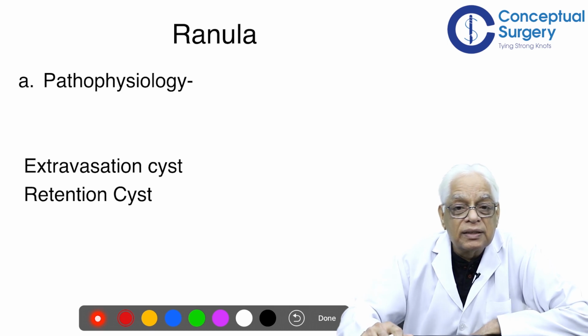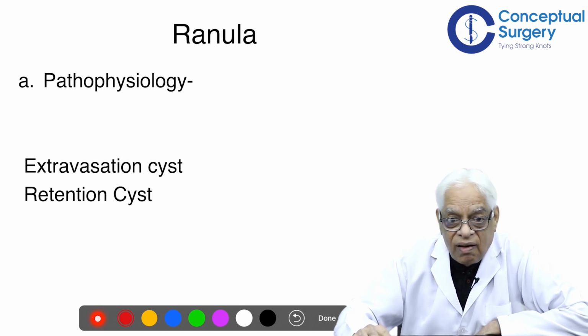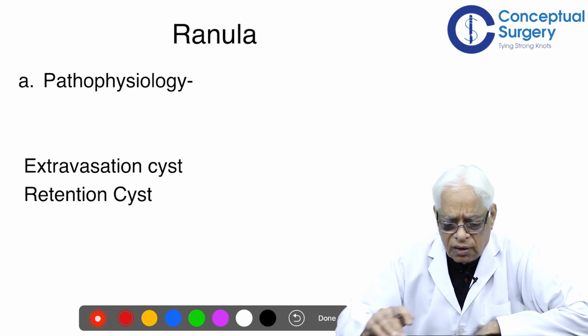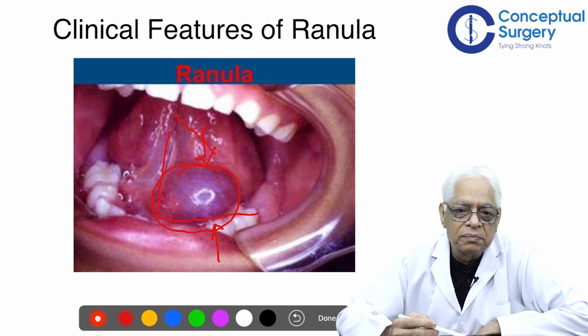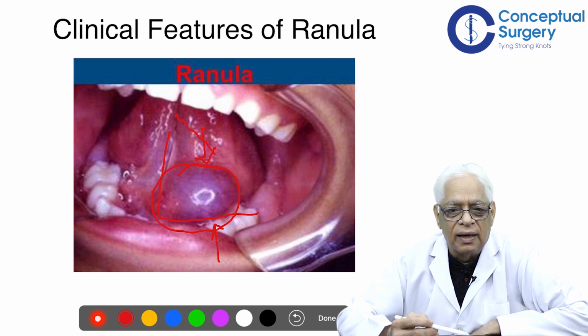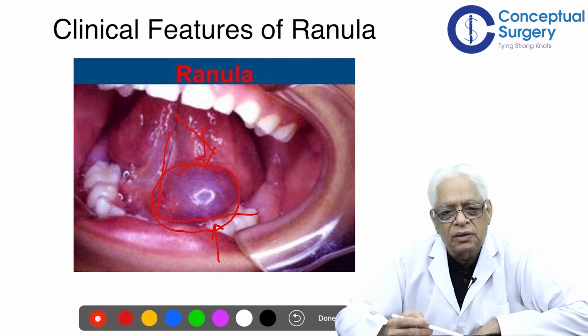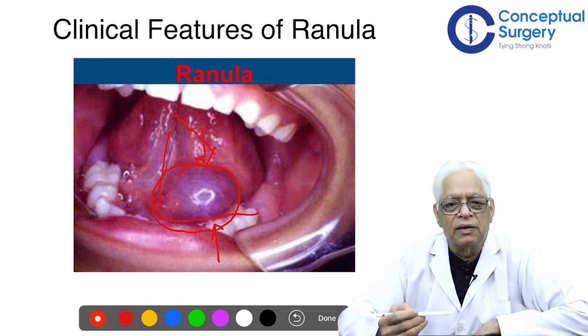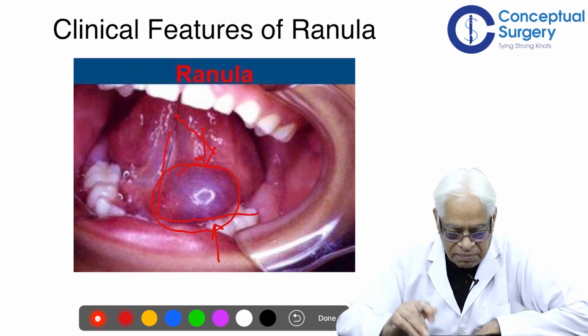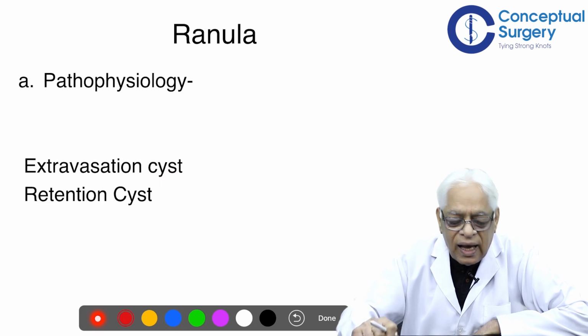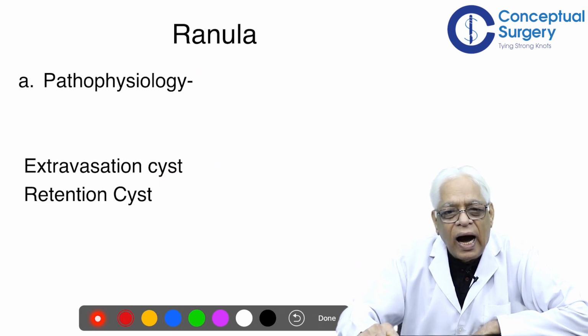What is the etiopathogenesis of ranula? There are two schools of thought. One is possibly the sublingual gland does get obstructed and leads to the formation of a cyst, what is called a retention cyst arising from sublingual salivary glands. Are these glands developed at birth?